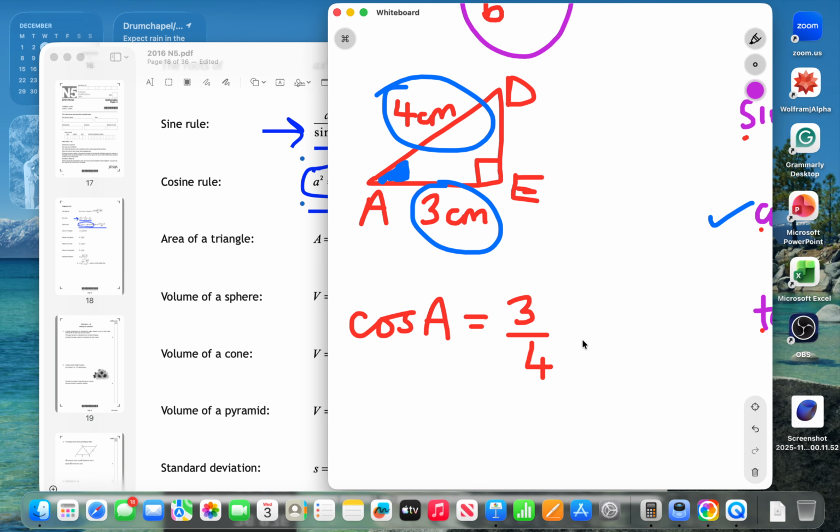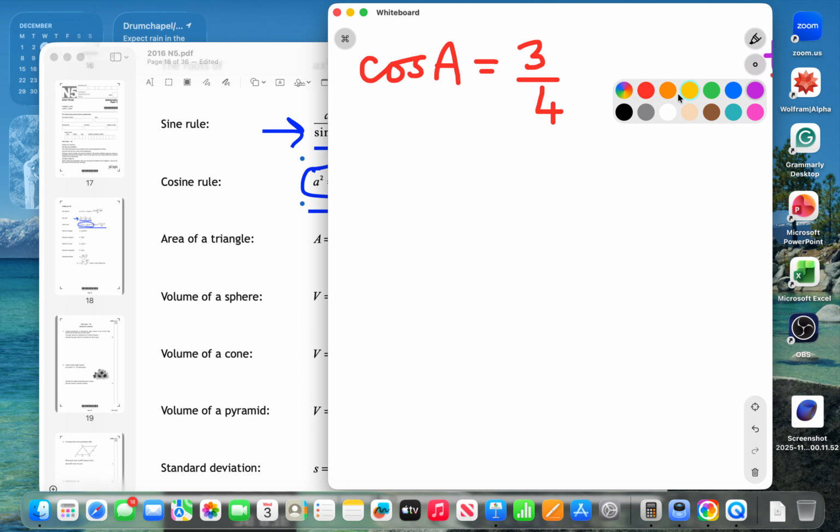So let's actually copy this down exactly as it appears. The only thing you might have to do is change the letters to suit the question, but in this case, we just copy down.